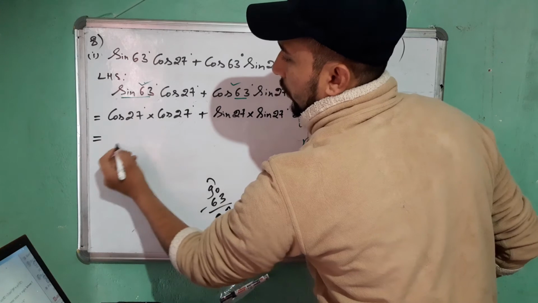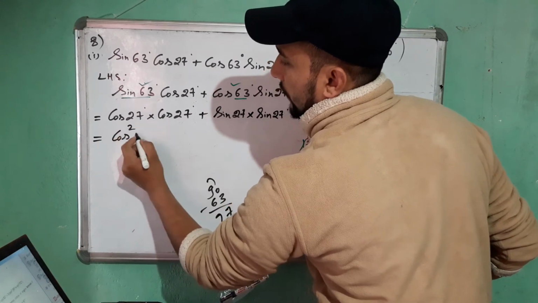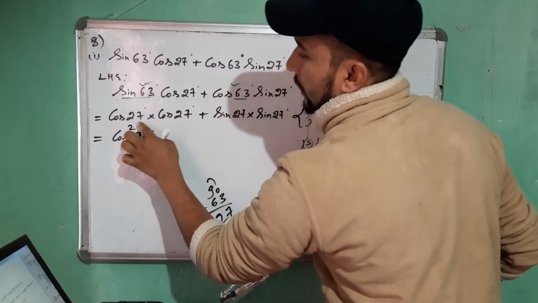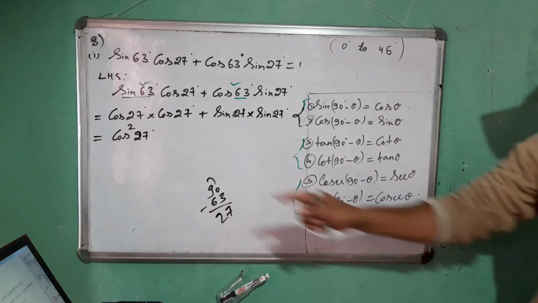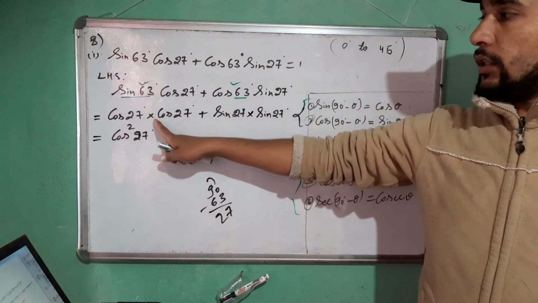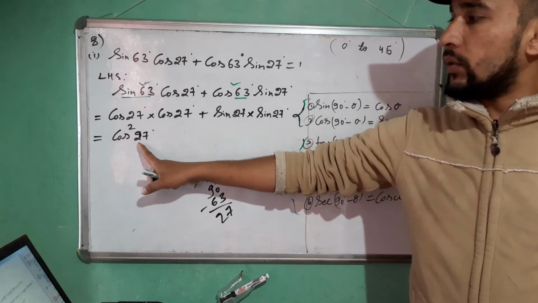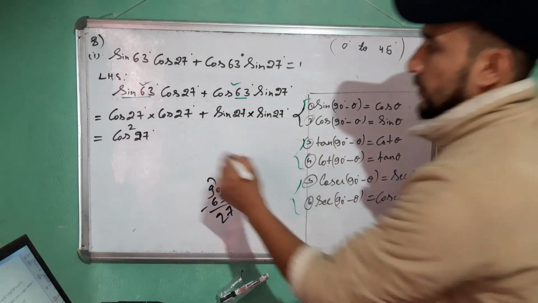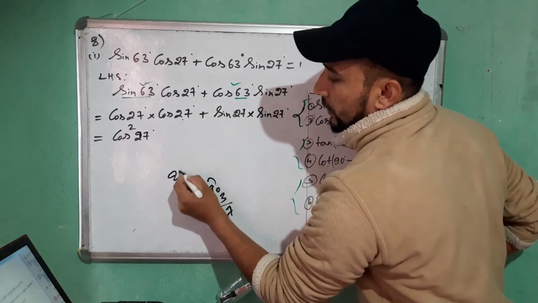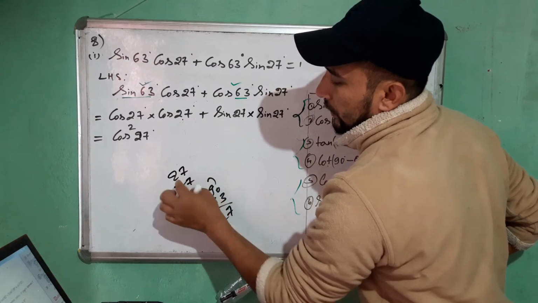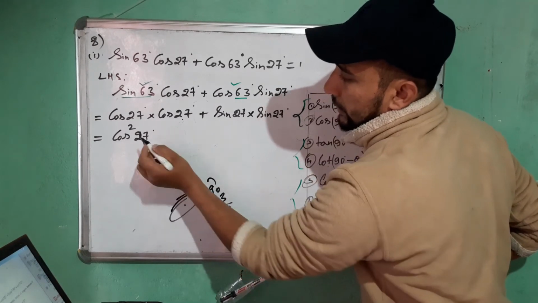So cos into cos is cos square 27 degree. Don't multiply the angles. Cos 27 degree into cos 27 degree will be cos square 27 degree. Don't multiply these angles. Don't write 27 into 27, and don't write whatever comes the value here, okay?